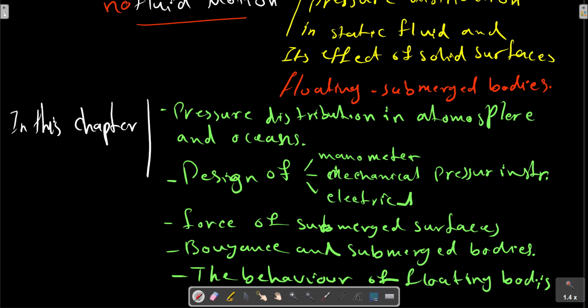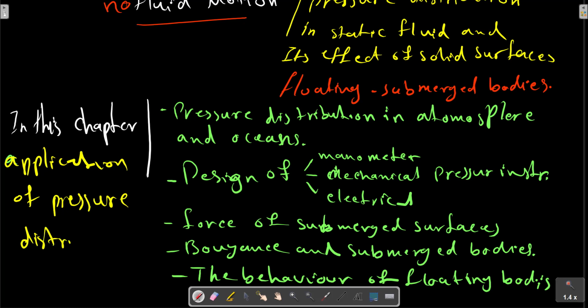These are applications of the pressure distribution, listed as these five case problems.